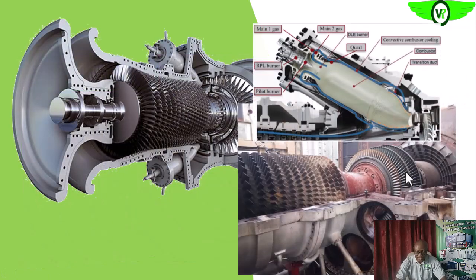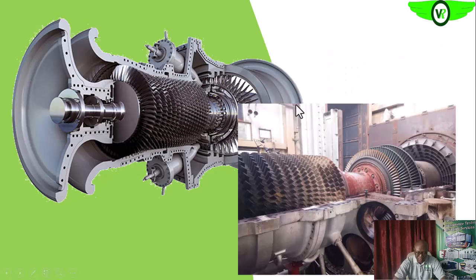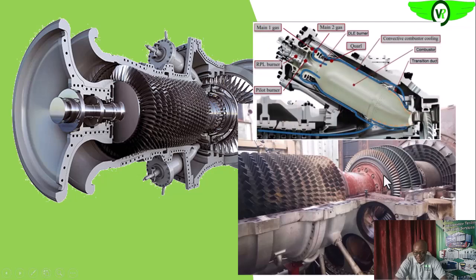So the next, here is also showing us the combustor. So the air that is drawn in and compressed, this is the axial flow compressor, is sent into the combustion chamber, mixed with fuel at the proper ratio and ignited. As it is leaving the combustion chamber, it will go to the turbine section to do the work for which it is designed.